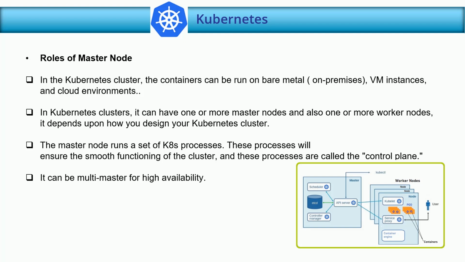On the master node, at the backend, many processes are running: a few for the scheduler, a few for the API server, a few for the etcd database, and a few for the controller manager. These processes ensure the smooth functioning of the cluster, and they are also called the control plane. It can be multi-master for high availability. So you can have more than one master node to provide high availability.